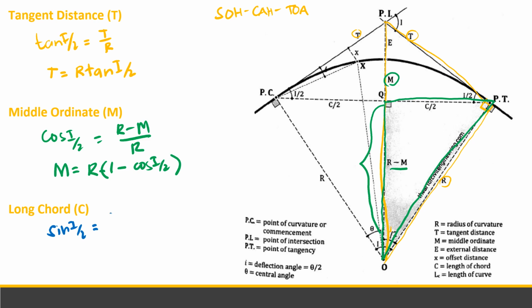So opposite is C/2 over the radius. So long chord is equals to 2R sine I/2. So yan yung formula ng tangent distance, middle ordinate, and the long chord.